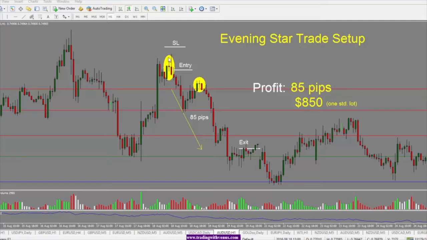So we sell, and our stop loss goes above the pin here, and we continue on with the trade as long as it stays below the previous support and resistance levels. And when it finally hits our support level here, this comes the daily pivot and its previous support and resistance area here as well, it just seems to stall for several hours, and this is the time to exit the trade. From entry to exit here, we have 85 pips in the trade, which means $850 when trading one standard lot.